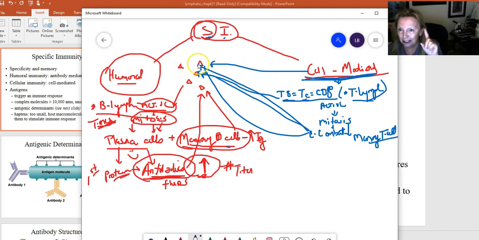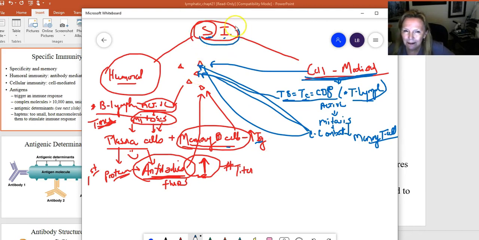If it ever sees that specific antigen, that protein that was foreign, that it remembers, it's going to be able to fight immediately. These memory B cells are going to immediately make antibodies, start pumping it out in huge amounts so that the antibodies can take this out.